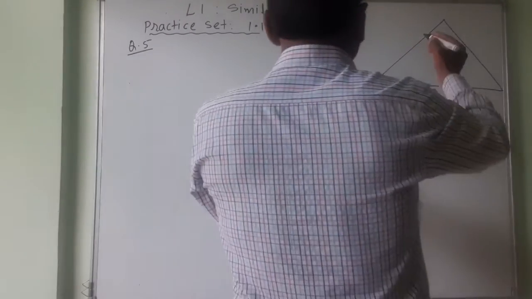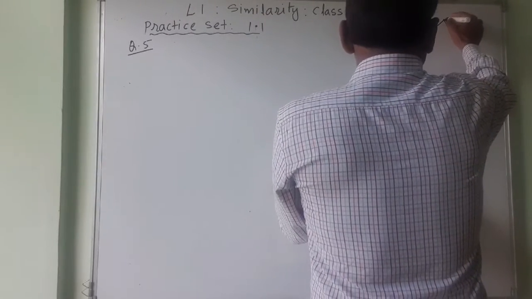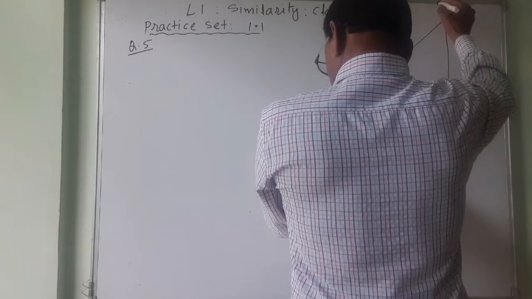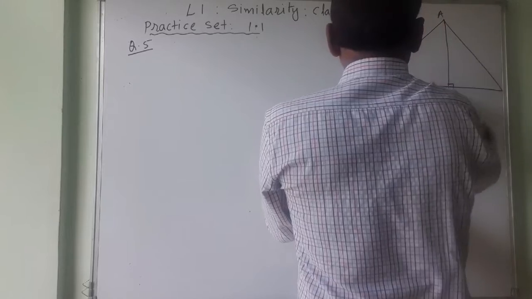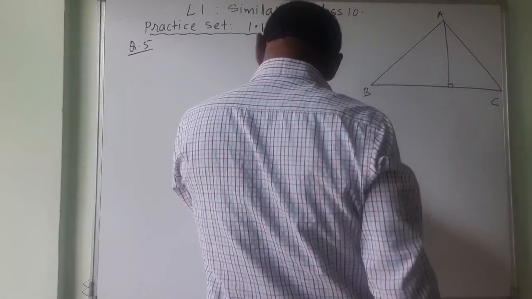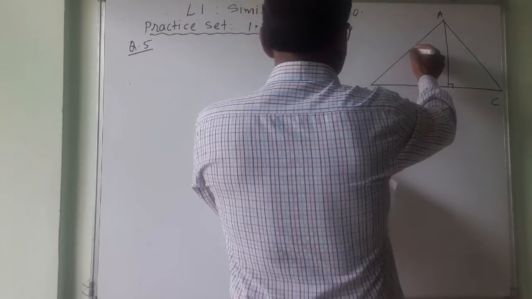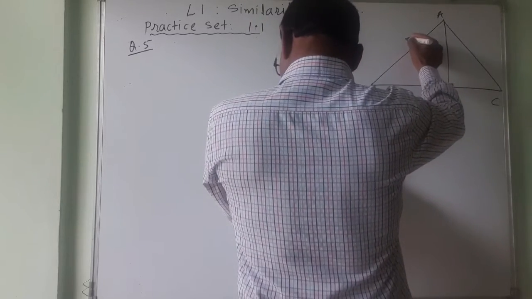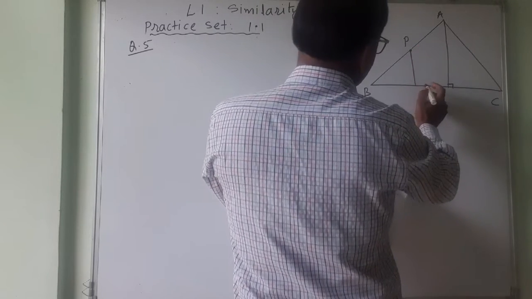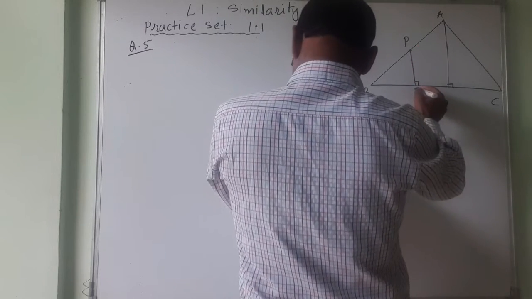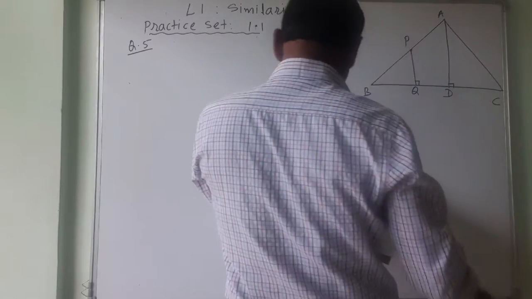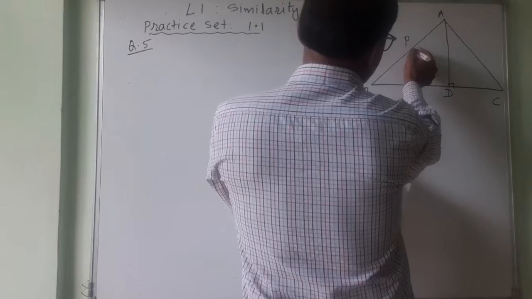So there is a perpendicular drop from this point. This bigger triangle is ABC. There is one point taken here, point P. From P there is a perpendicular drop, Q. This point is D, and then this PC is joined.